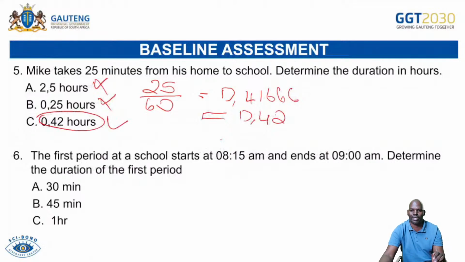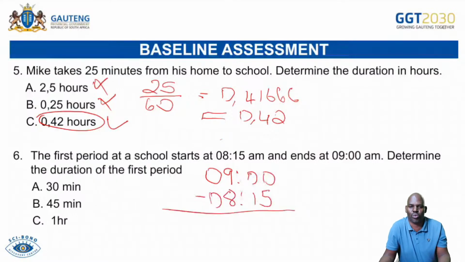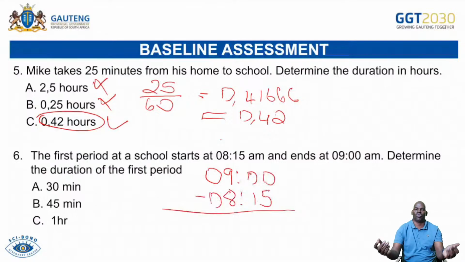So we have to calculate the time difference there. We take 09:00, and then we subtract 08:15. Some of us can just do it mentally, but I know even at school level, some of you can do it by using a calculator. If I use it mentally, I have to subtract.